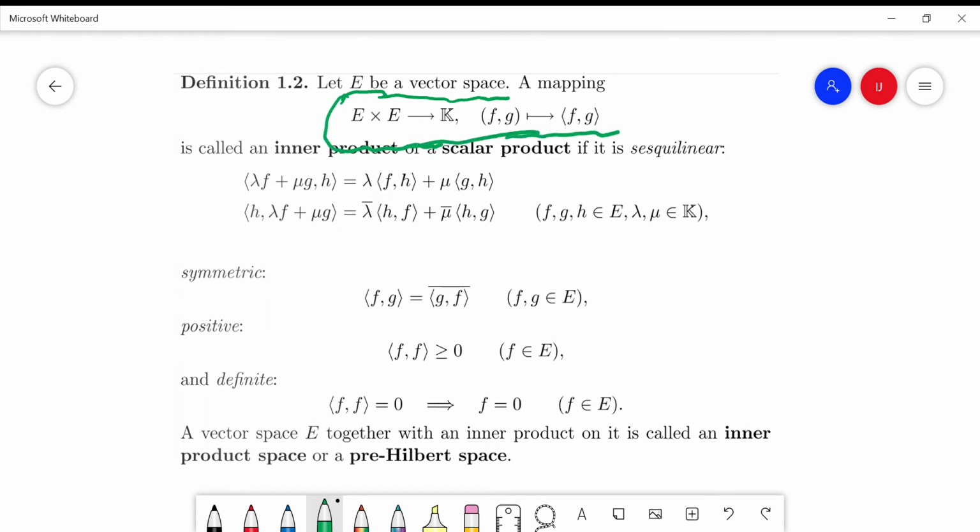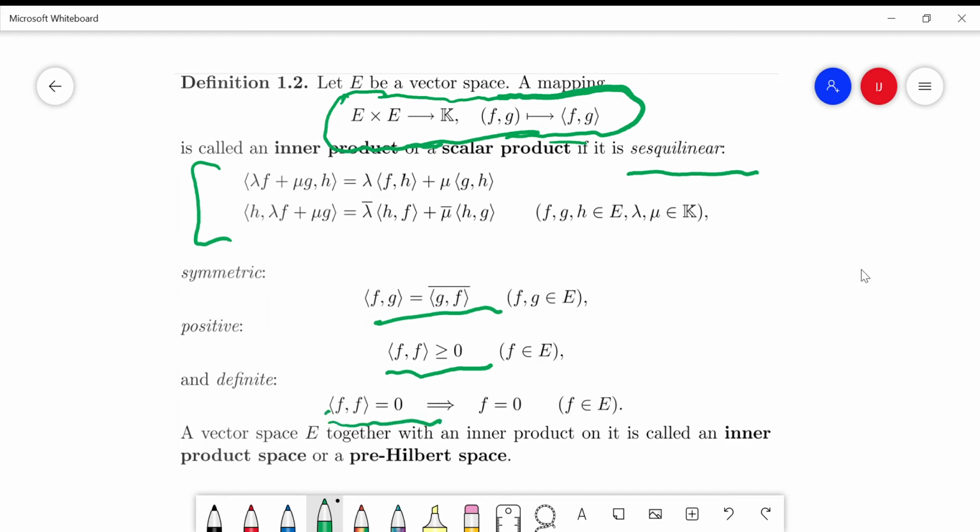For a given bilinear mapping, all of this should be satisfied. The first property is sesquilinearity, which is a generalization of linearity. The second is symmetry, the fourth is positiveness, and the last one is definiteness.